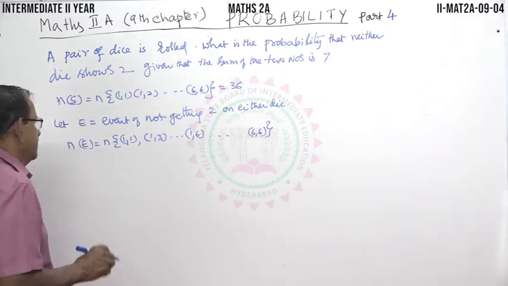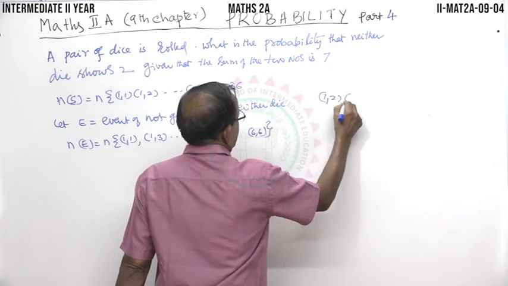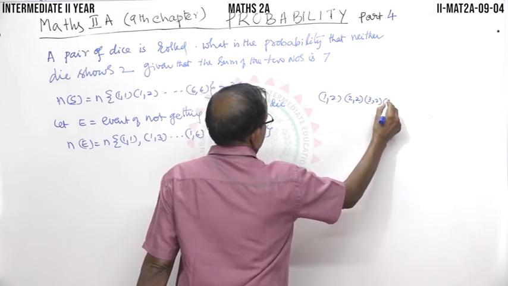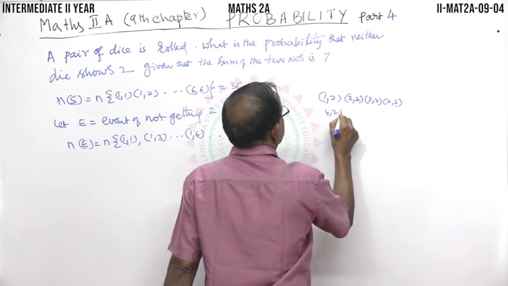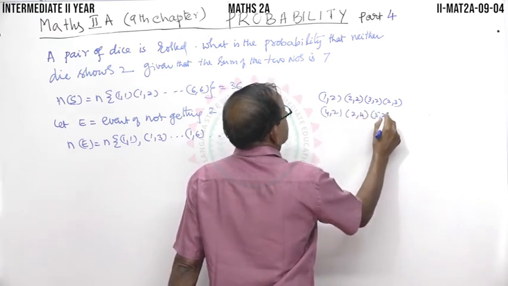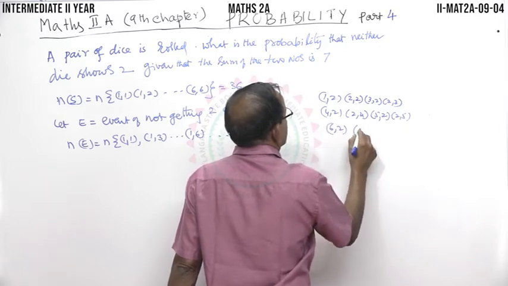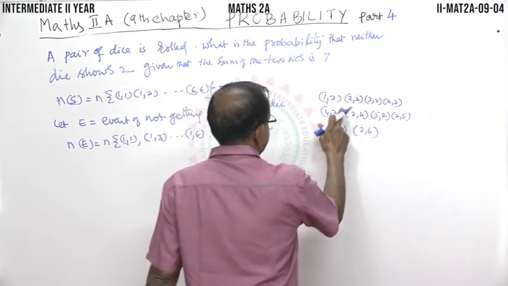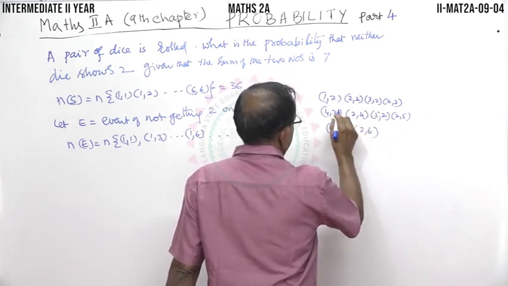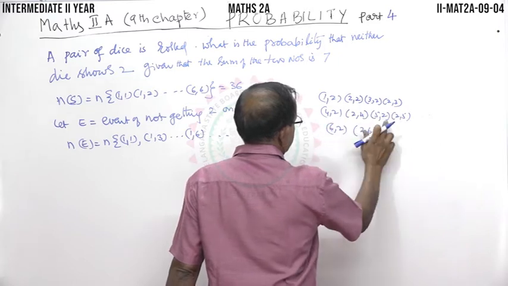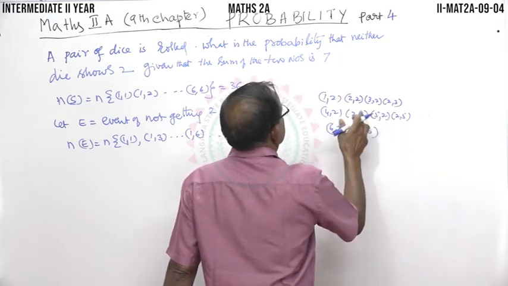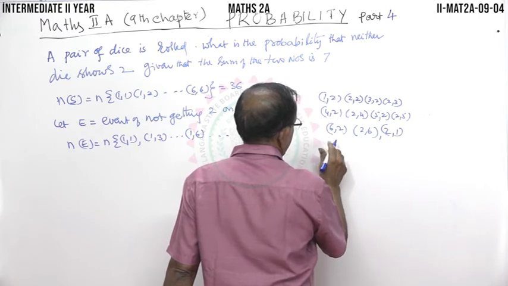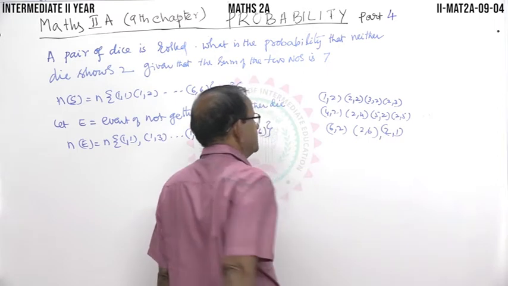So what are the remaining pairs? With 2, what are the pairs? 1,2, 2,2, 2,3, 3,2, 2,4, 4,2, 2,5, 5,2, 2,6, 6,2, and 2,1. That is 11 pairs with 2.